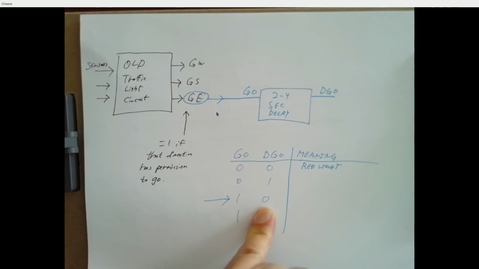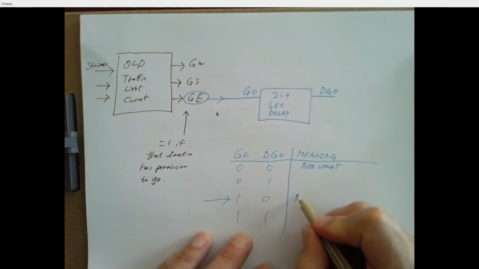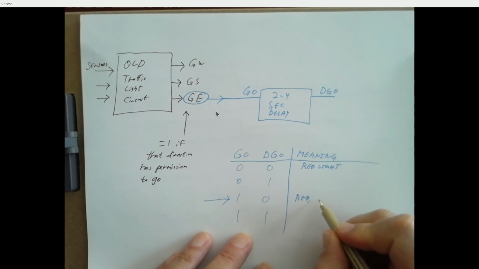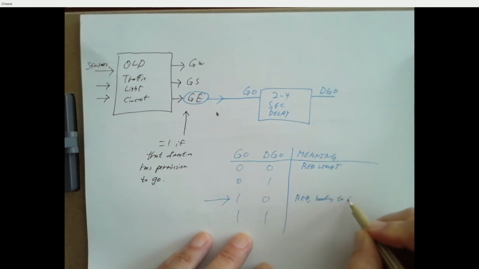It could be green, but we just got permission to go 2 seconds ago. Do you want to turn green that quickly? It's like a yellow, right? But we don't have a yellow from red to green, right? So this is still red, but it's heading to green soon.